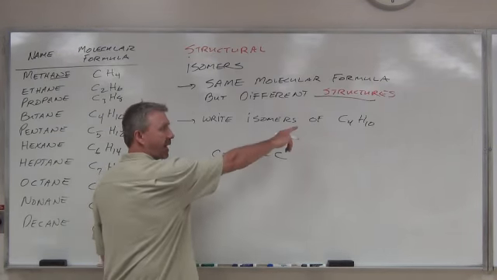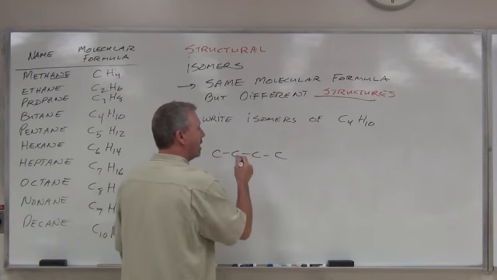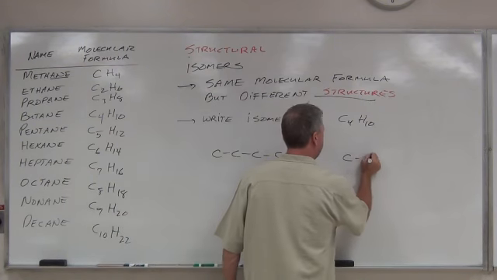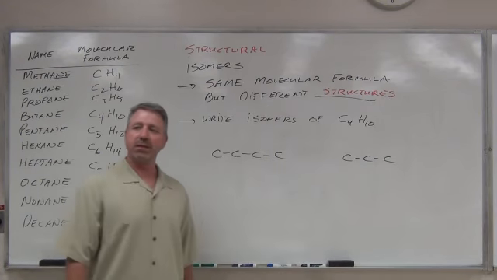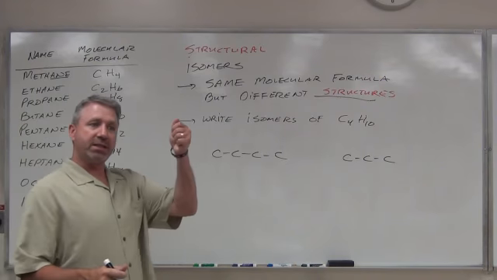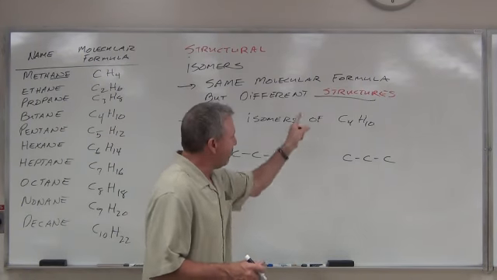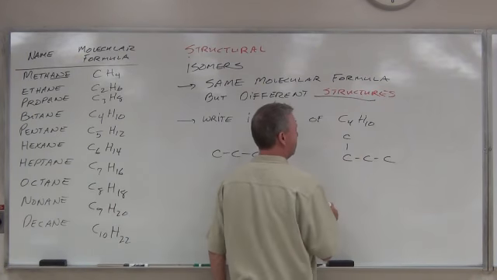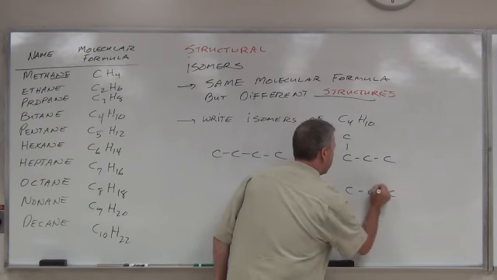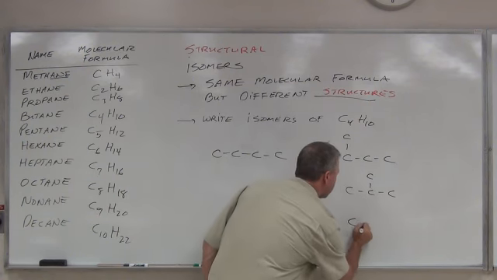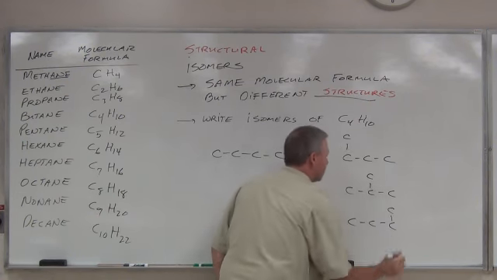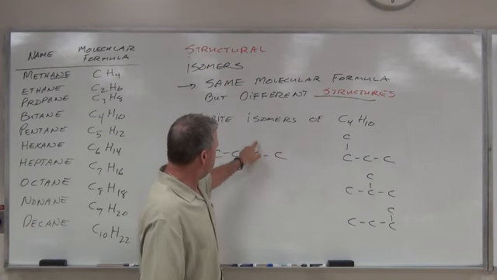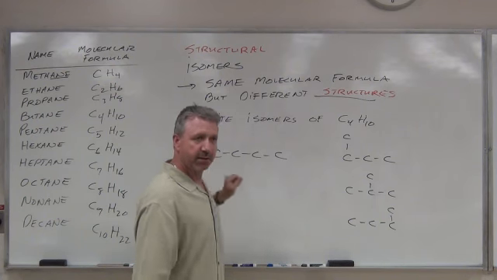In order to determine how many isomers exist now, we have to cut our chain length by 1 carbon. We cut the chain length by 1 carbon, and then we take that 1 carbon and we put it at every other carbon. So, here's 1. There's 2. There's 3. You see how I just took that carbon that I cut off here and I just moved it down the chain?